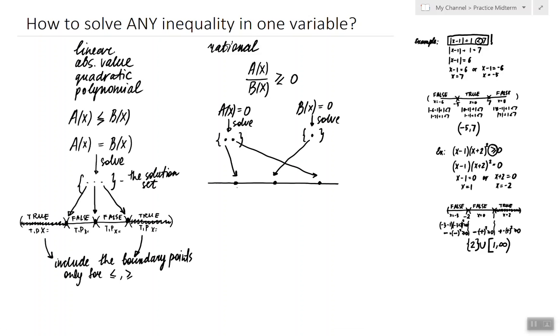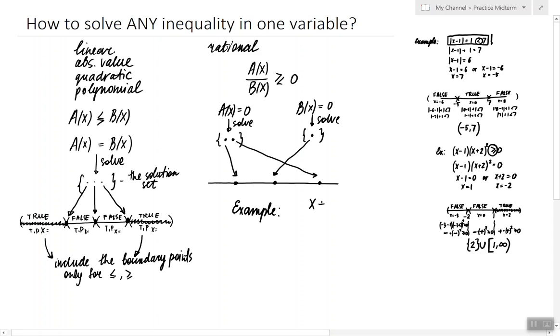The rest is the same. So the way we pick the test points, the way we test the test points is literally the same as before. But with this minor adjustment, we can apply the same method and start solving rational inequalities. So let me show you an example here.